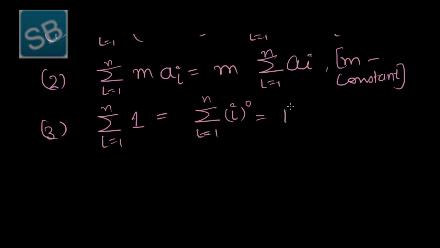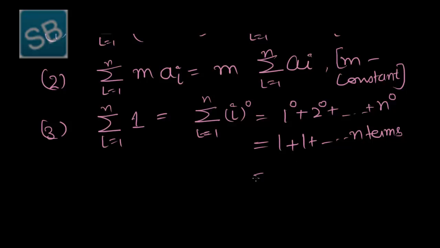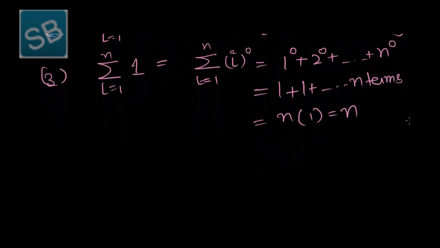So it becomes 1 raised to power 0, 2 raised to power 0 up to n raised to power 0. Something raised to power 0 is 1, so we get 1 plus 1 up to n terms or n times. So we get n into 1, that is n. Therefore, sigma of constant term 1 from 1 to n is n.